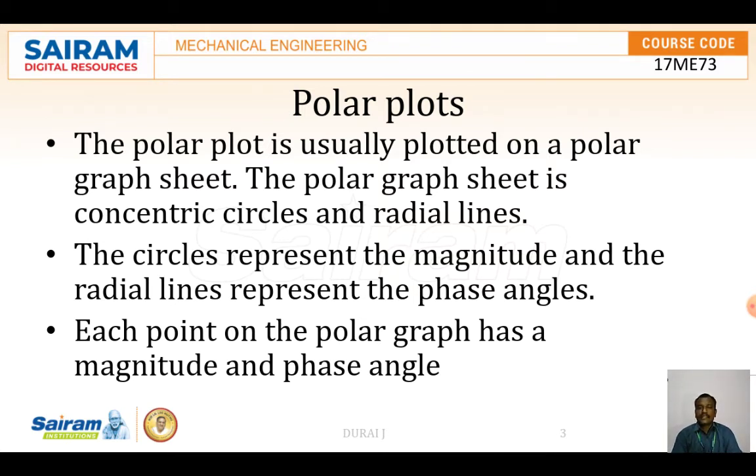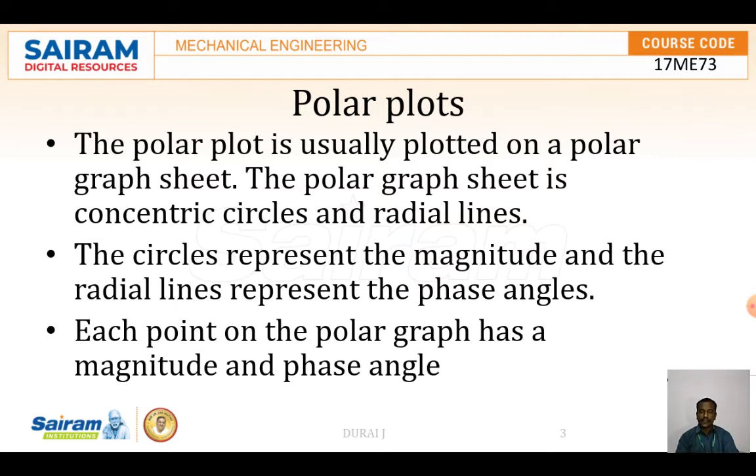Here the circle represents magnitude and the radial lines represent the phase angle. Normally the magnitude values we draw on the circles, and the angle values we make on those radial lines or angle lines.